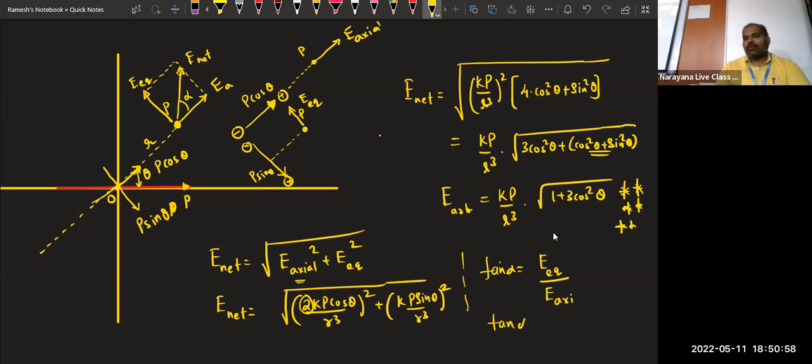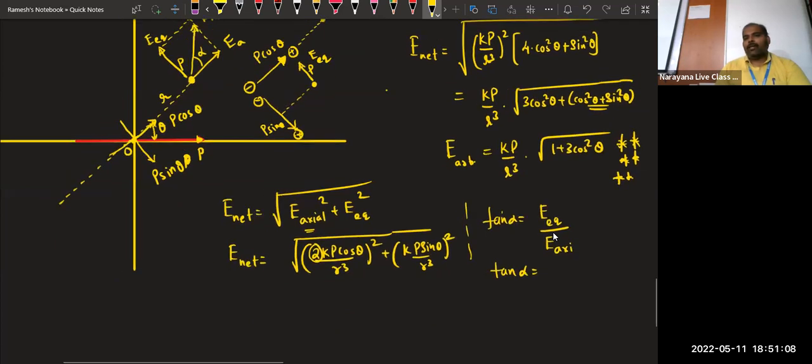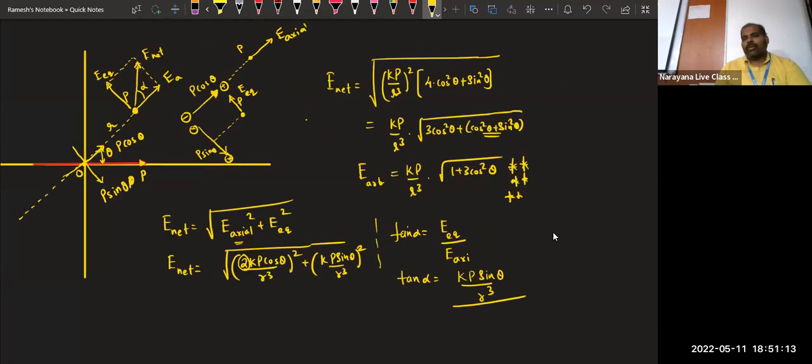That is kp sine theta by r cube divided by 2kp cosine theta by r cube. Kp and r cube cancel out. So tan alpha equals half tan theta. This is also a very important relation: tan alpha equals half tan theta.